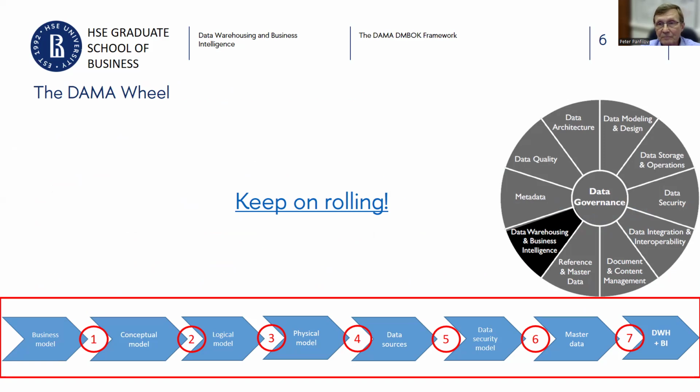But specifically here in our discussion, it is important to mention that data warehousing is really closely related to two functions in data management: metadata management and data security management.